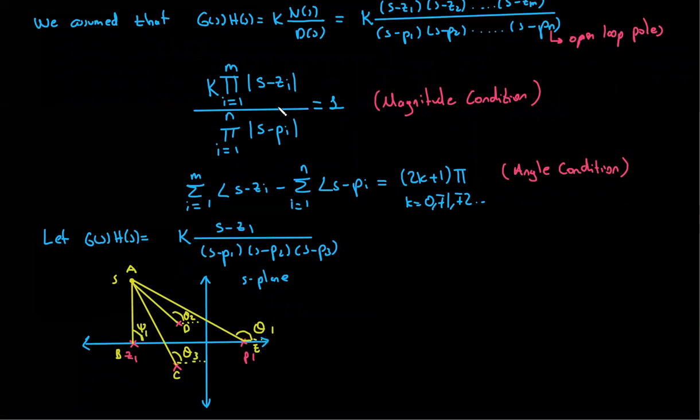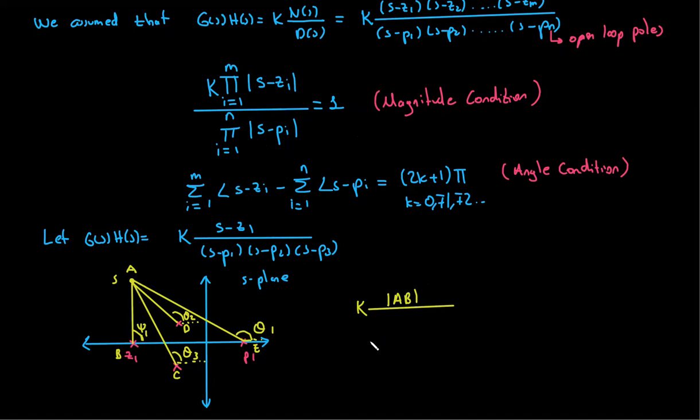So now I can write the magnitude condition, this condition over here, simply as, so I should have K times the magnitude of S minus Z1. So this is AB. K times AB. I have only one zero, so I am done with the numerator here. Now I'm going to the denominator, divided by the multiplication of magnitude of each of these vectors.